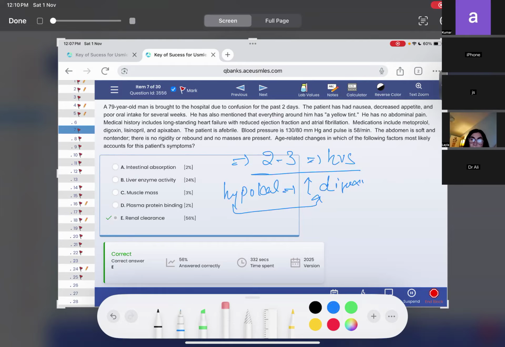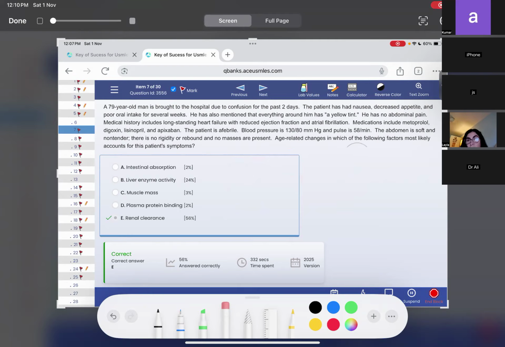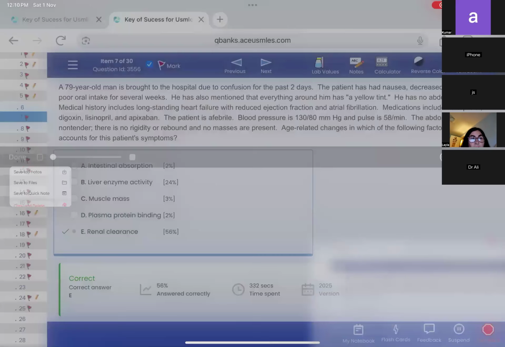So the digoxin topic is very important. You should go through it comprehensively. Clear, doctor? Yes, thank you. So let's move to the next question.